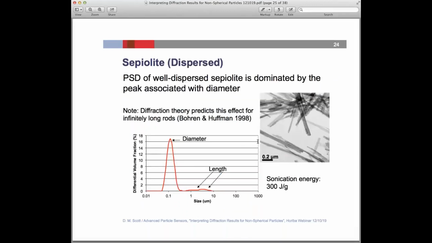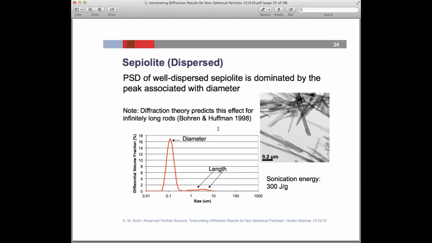Now here's a PSD for well-dispersed sepiolite. This was for 300 joules per gram. If you put much more power than that, you're looking at titanium because your sonic horn is falling apart. But this is the PSD that we obtained. And again, the PSD of well-dispersed sepiolite, since it's essentially a one-dimensional material, is dominated by the peak associated with the diameter.